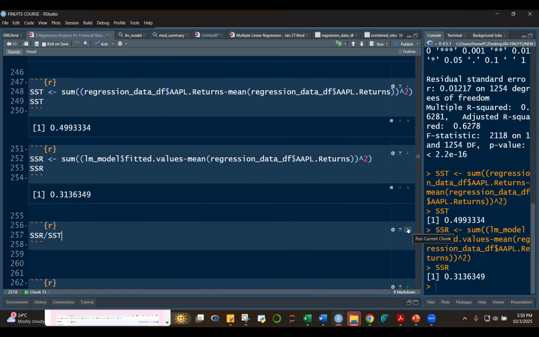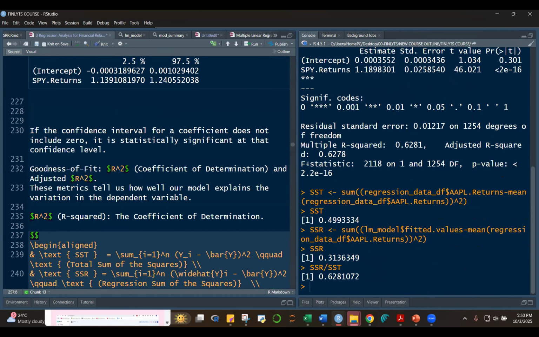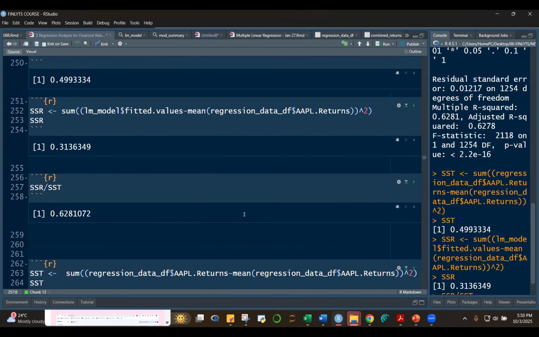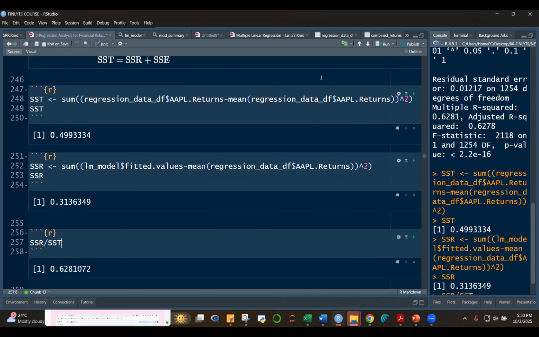If we compute this, it's 0.628, which is exactly this one, 0.6281. All right, so let me end here, class. We're going to continue this next time.